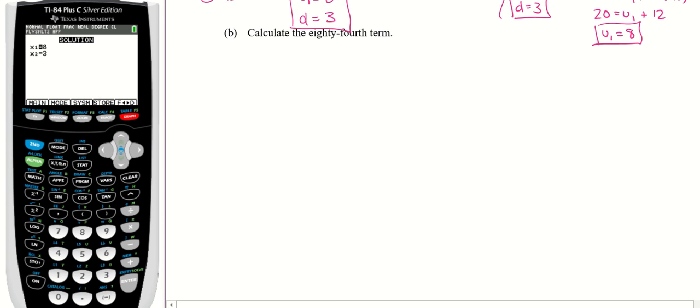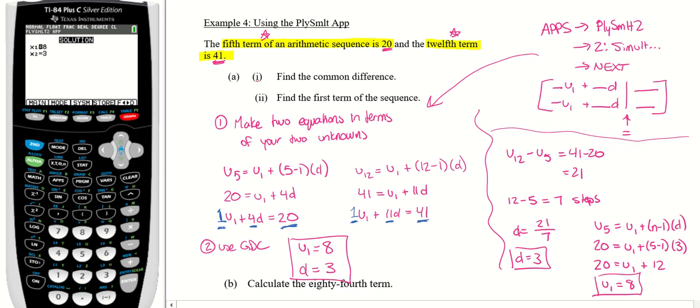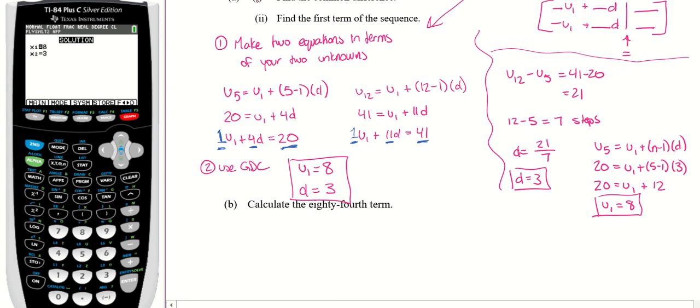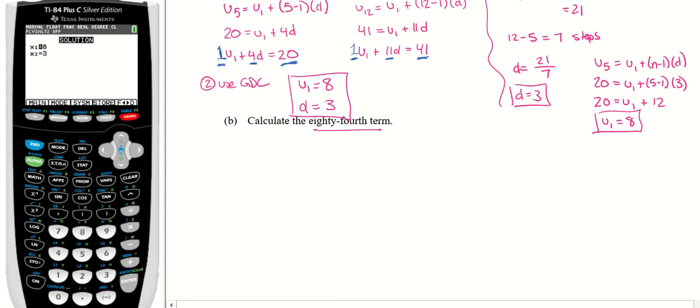And once you have U1 and D, you can do part B, which is asking you to find the 84th term. So the 84th term is U84. I'm just going to make my little list here. I have U1 equals 8, D equals 3, and N in this case, because we're looking for the term that will be number 84 in the list, is 84. UN is our question mark.